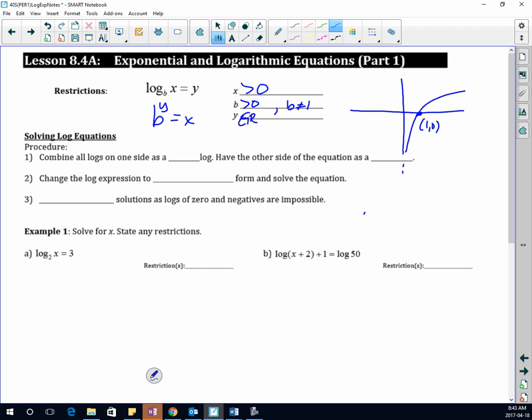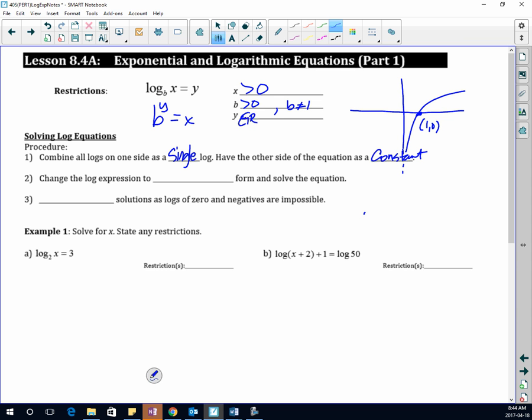There you go. So you've got to watch that when you're solving, because you might get a solution and then you have to reject it based on these restrictions. So the process, of course, is to combine all logs on one side as a single log. That's what we were practicing in yesterday's homework. Have the other side of the equation as a constant. The constant can be 0, it can be something else, but have it as a constant.